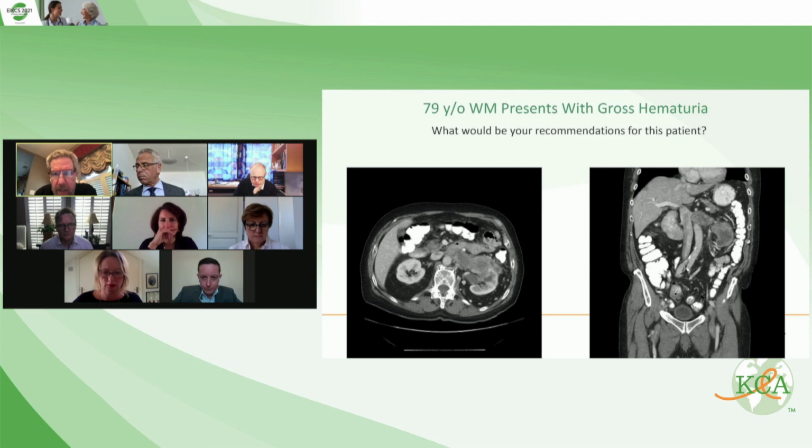And you can see he's also had some minor response in his left kidney, although the renal vein thrombus appears to be basically stable at this point. So my question to the group is, and I guess I'll ask Dr. Waddle to comment first: would you toe the line, continue systemic therapy? Would you consider surgery, or what would be your approach?